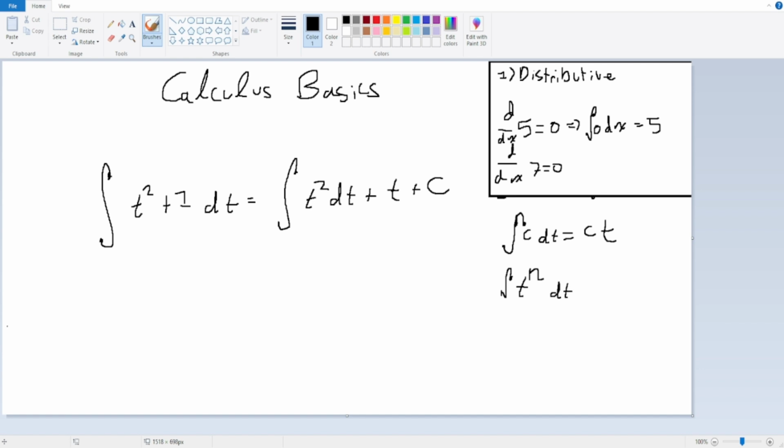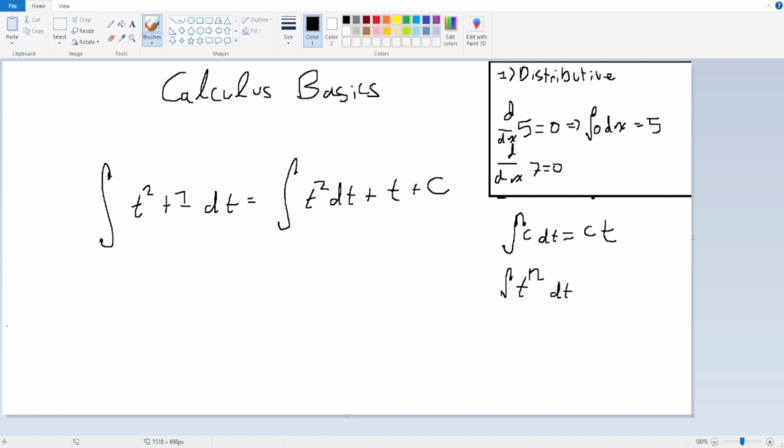But I'm pretty sure this power could be anything except for -1. The way to think of a negative power is, if you have t to the power of -1, it's 1 over t to the power 1. T to the power of -2 is 1 over t to the power of 2. It's like 1 over t to the power of a positive exponent.